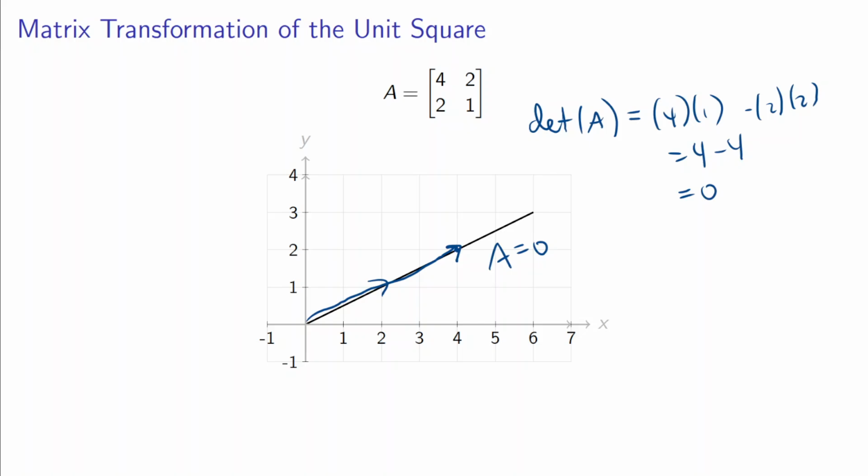We only did a few examples here to give some motivation and set things up a little bit, but the general idea that the determinant, this ad minus bc quantity, does in fact give us the area, or the scaling of the area, I should say, is something we want to look at a little bit more in future videos.